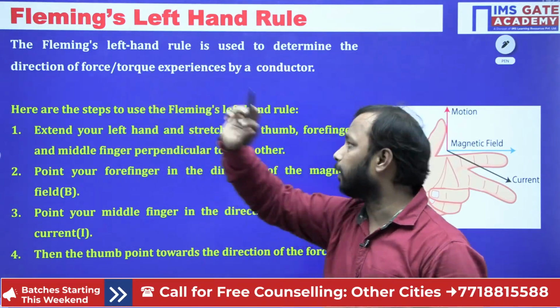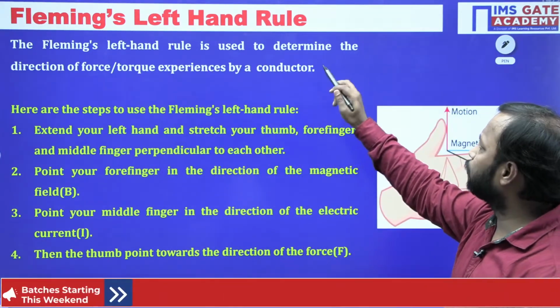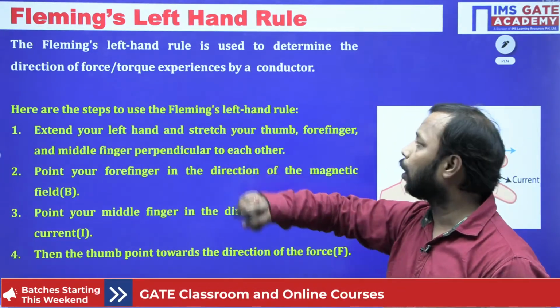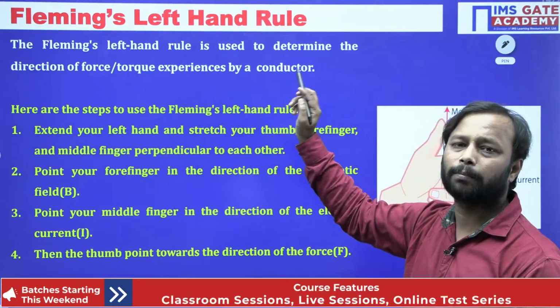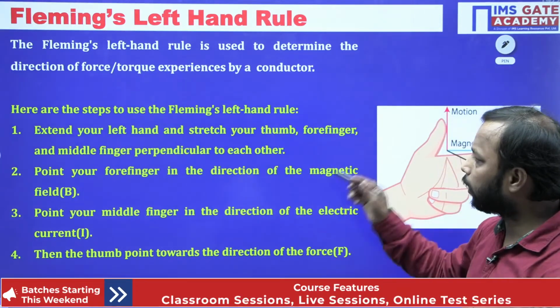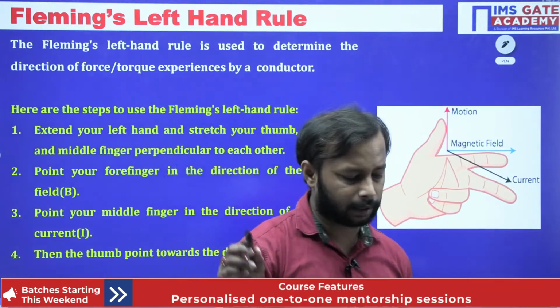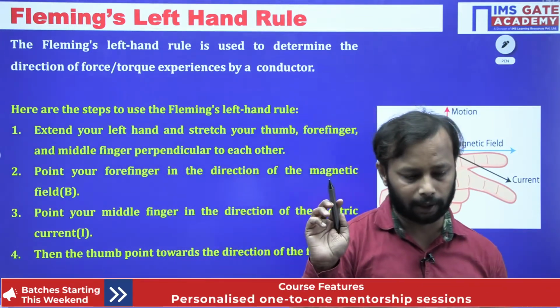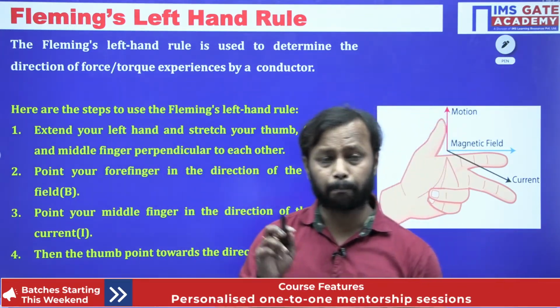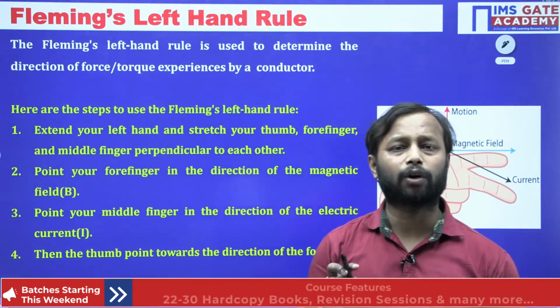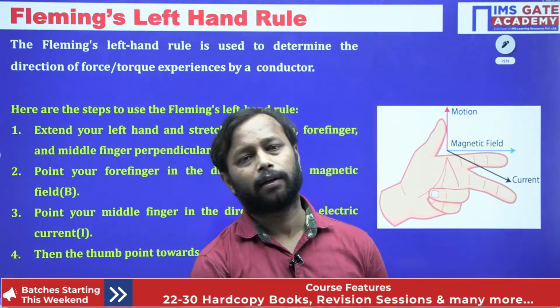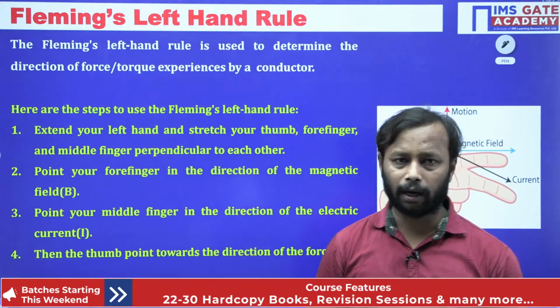The Fleming left hand rule is used to determine the direction of force or torque experienced by a conductor. It says that whenever a current carrying conductor is placed under the influence of a magnetic field, it experiences a torque.